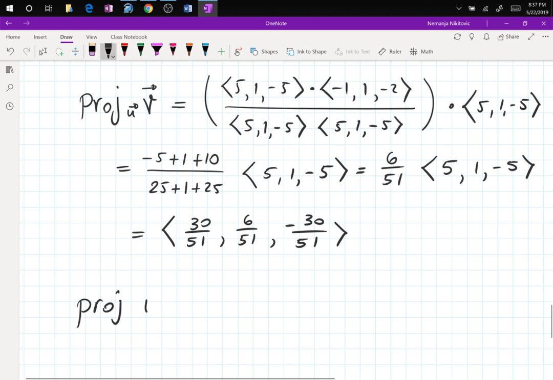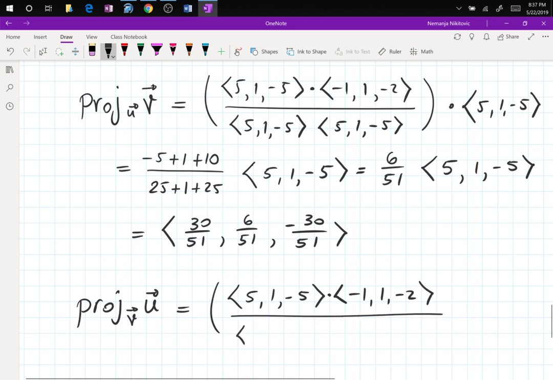Now we have the projection of u onto v. We still have the same dot product, except now all of these other vectors are v's. And this exercise should show us that it's not commutative.